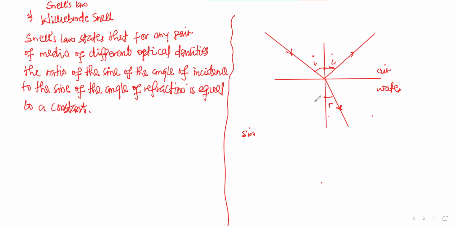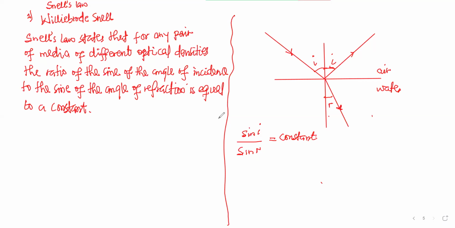So if you take the ratio of the sine of the angle of incidence to the sine of the angle of refraction, it must be equal to a constant, so long as the two media have different densities, just as Snell's law. Are you okay? All right. So please can you go over Snell's law?